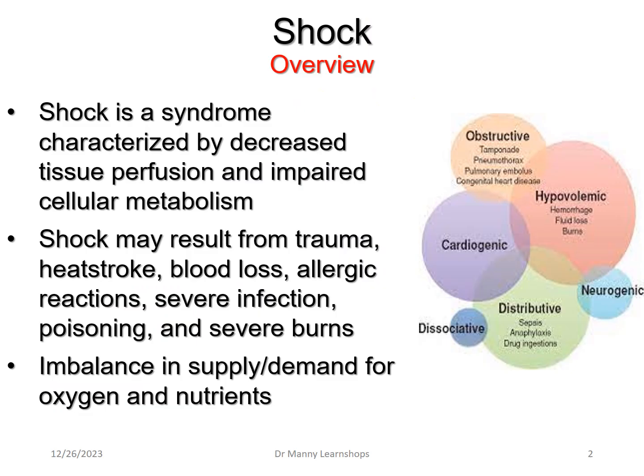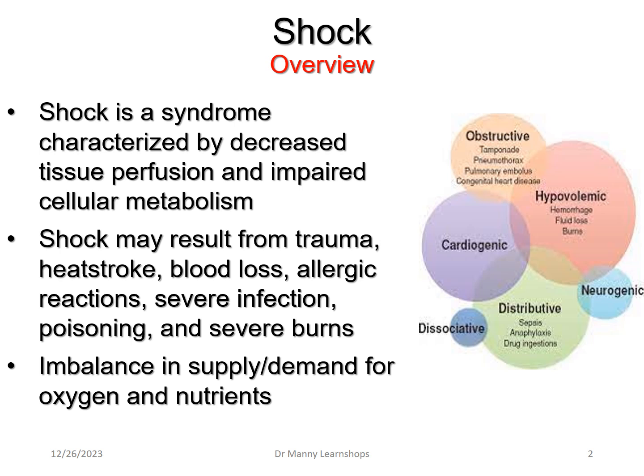Okay, what's shock? Well, I'm going to use these classifications when we review it, but there are other classifications that can be used as well. This is just an overview. Now, shock is a syndrome, which is a predictable pattern, that's essentially characterised by decreased tissue perfusion and impaired cellular metabolism.